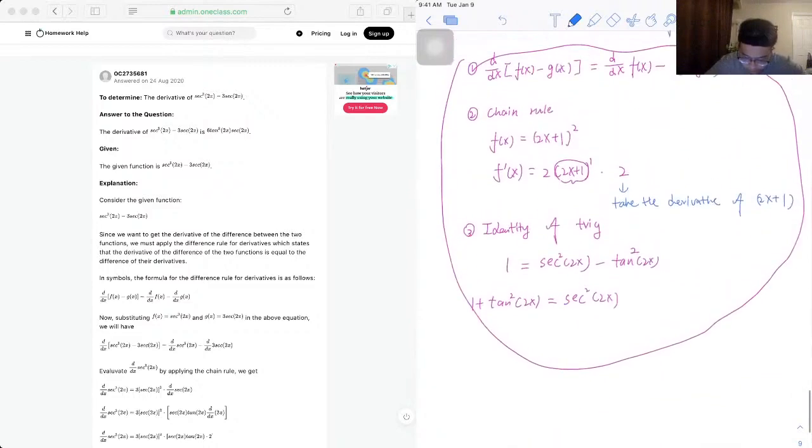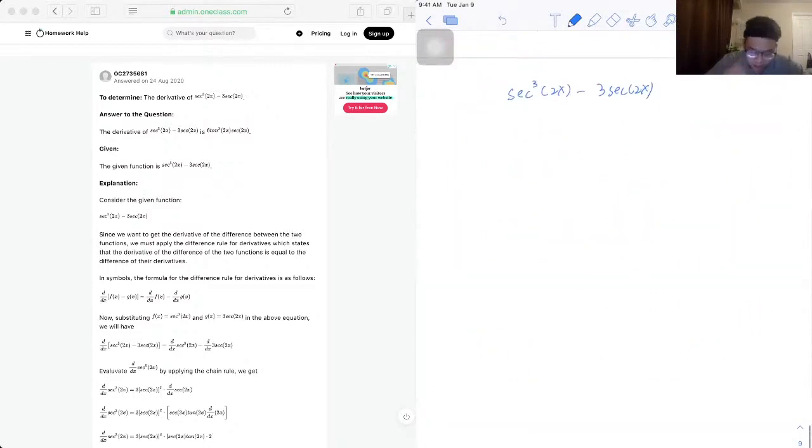I'll rewrite the difference rule again. d/dx of f(x) minus g(x) is equal to the derivative of f(x) minus the derivative of g(x).